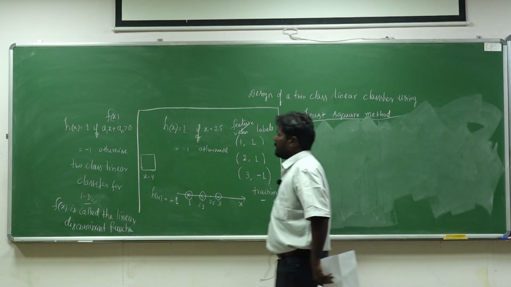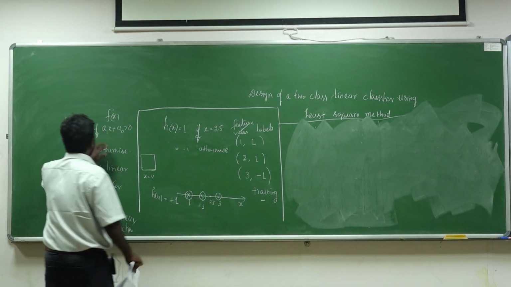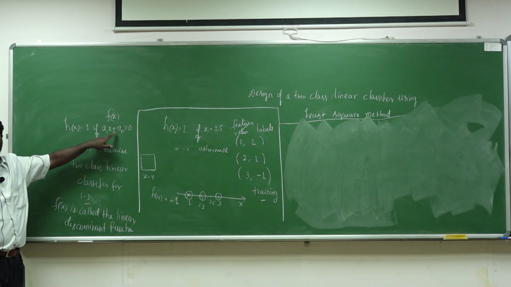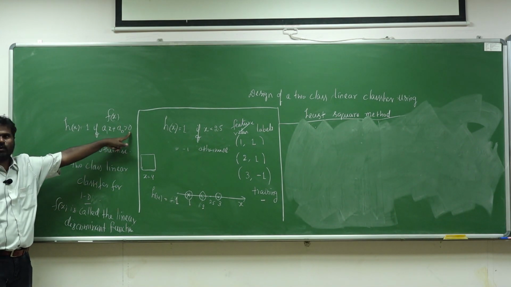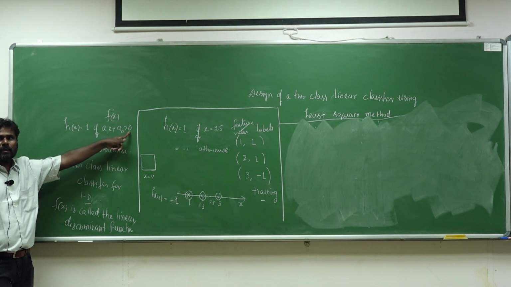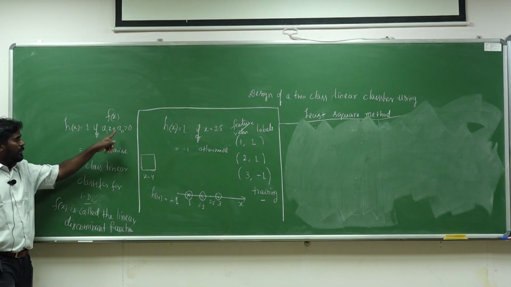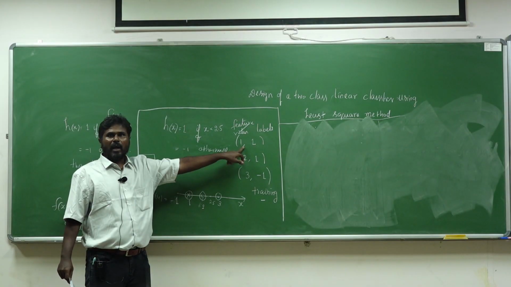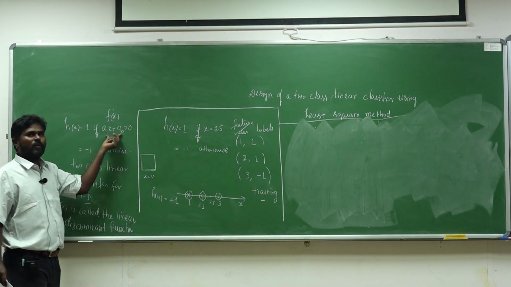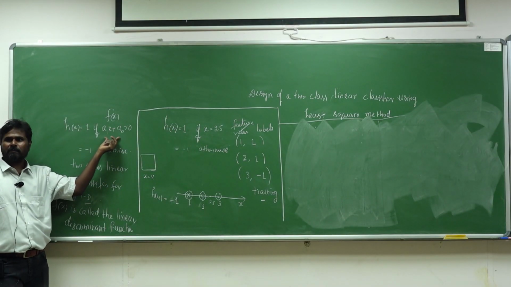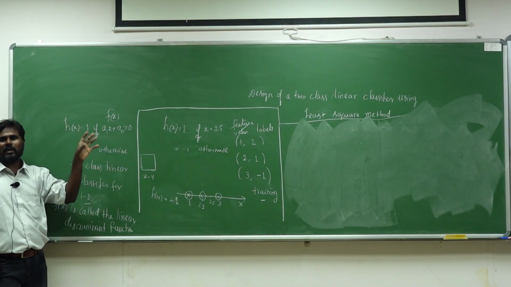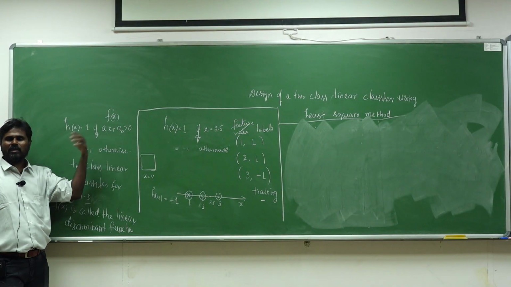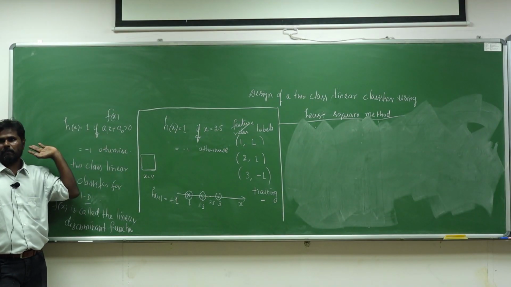So we have defined the two-class classifier like this. Here, this function is a linear function, and we have put a threshold here. If I substitute x equal to 1, ideally what do I need to get here? We need to get a positive value, I have to get 1.